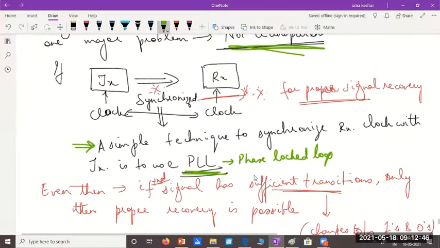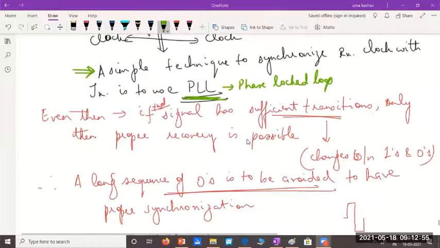But in spite of that, there is another major problem, and that is whenever I have to transmit a long sequence of zeros. Please remember this: a major problem with bipolar transmission is whenever a long sequence of zeros occurs in the binary signal that needs to be transmitted.